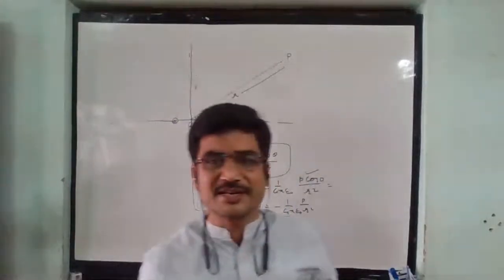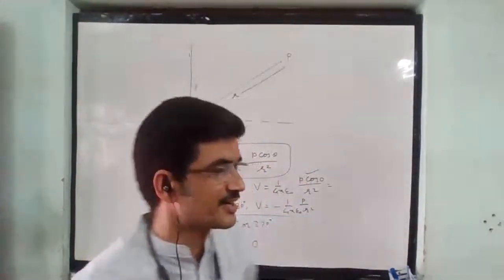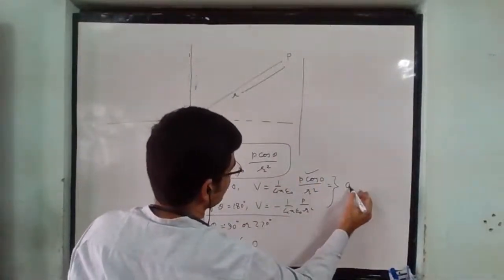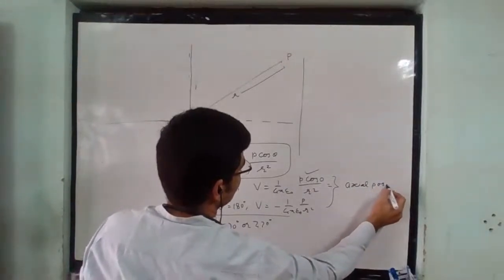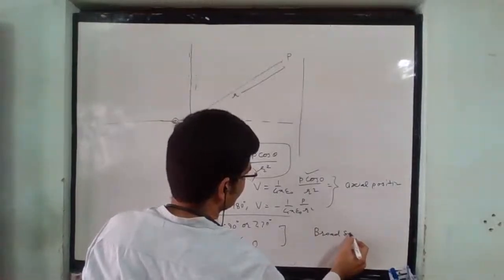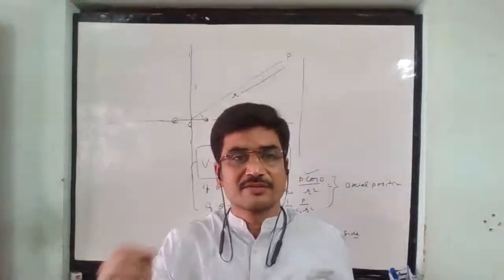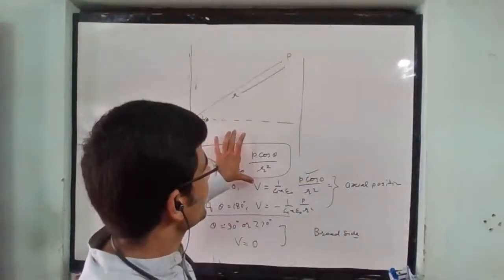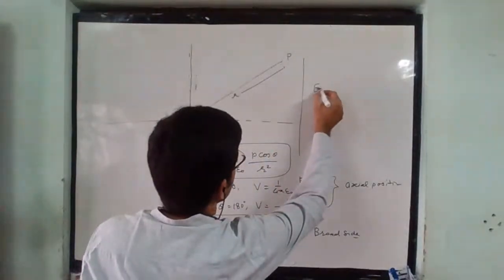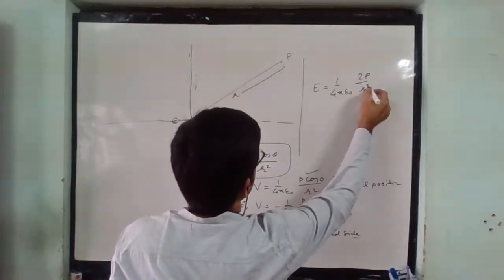Try to memorize when we were finding the electric field. What was it? This is the axial position, and this is the broadside on position. Just compare the given relation with the electric field. In the axial position, we saw the electric field 1 upon 4 pi epsilon naught 2P by r cube.